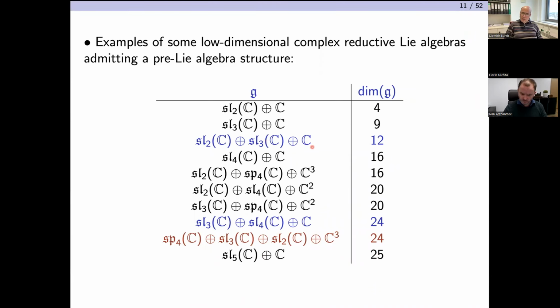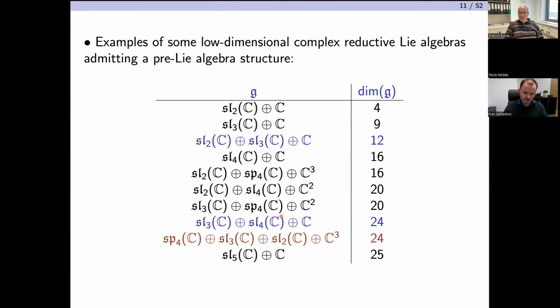Although this is here GL_4, you have here SL_2, and there's no structure. So you cannot just take the direct sum of pre-Lie algebras. You need something else. I put it into blue color because later on in the talk there's a construction called castling. With a castling construction, you start from here and can continue in some way that you get these blue ones.